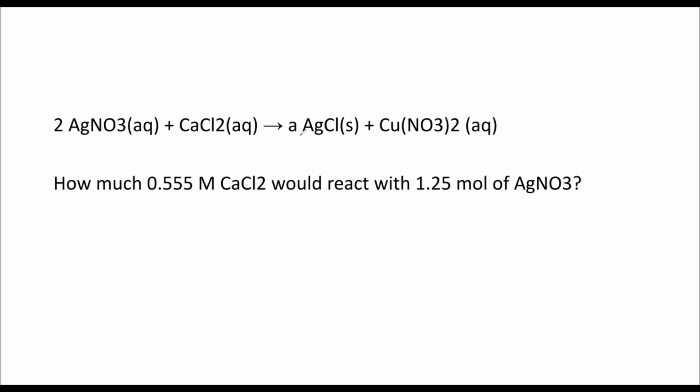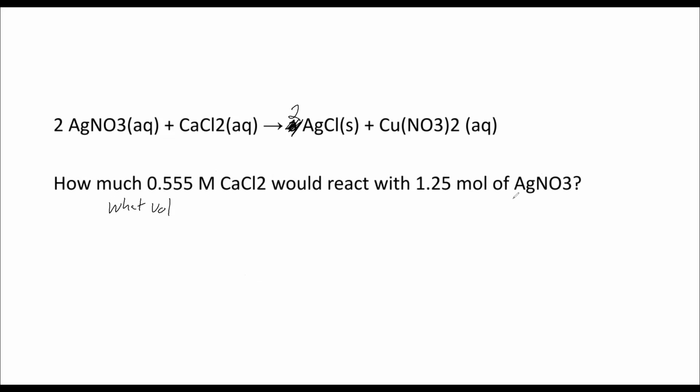As you can see, since I just added it super quickly, there's an A there instead of an actual number. So this should be a 2. If you have 0.555 molar calcium chloride, what volume reacts with 1.25 moles of silver nitrate?